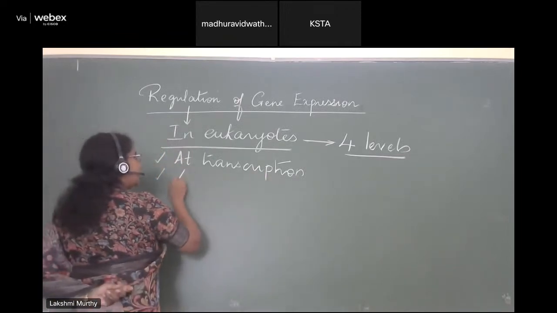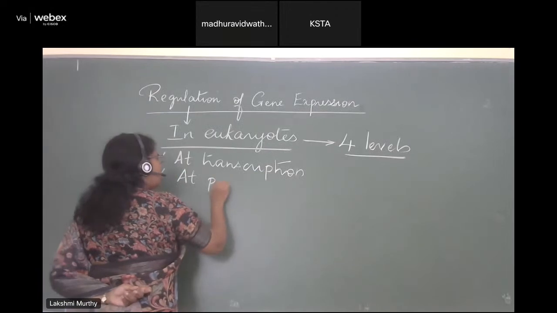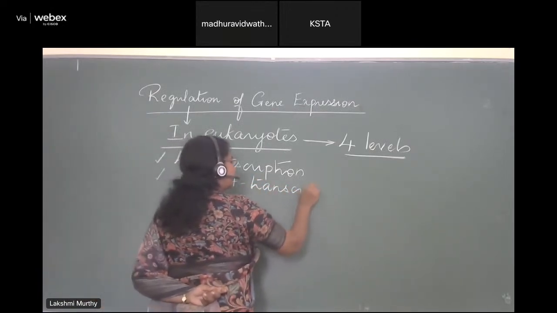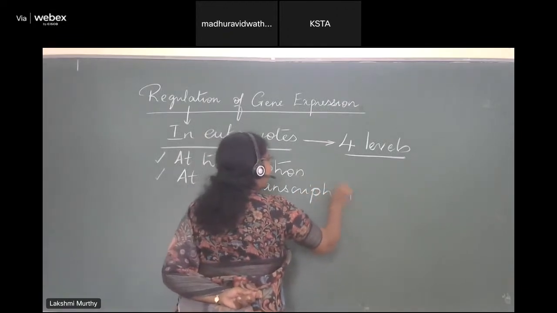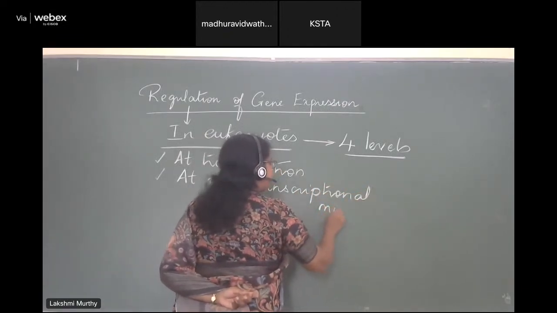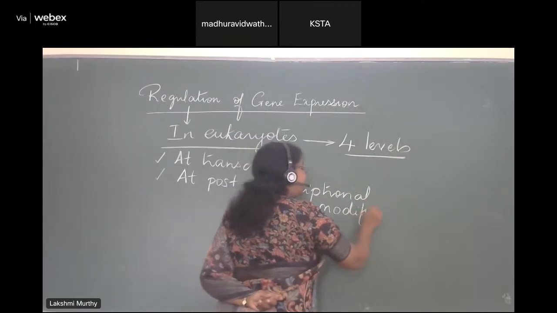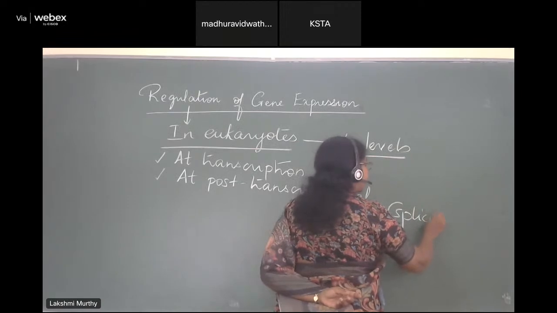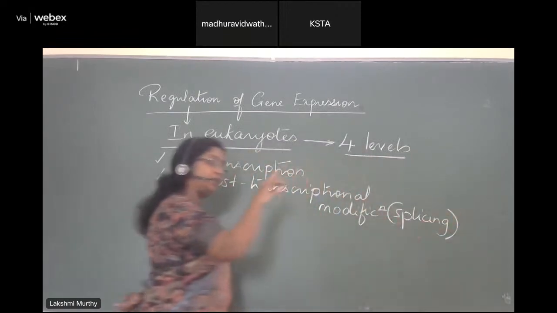So you can control it at the post-transcriptional modification level, which we call splicing, to see that the HnRNA is made but not processed.